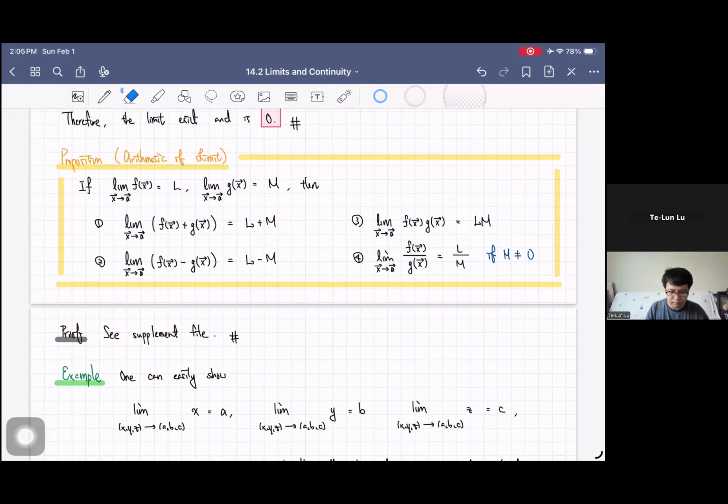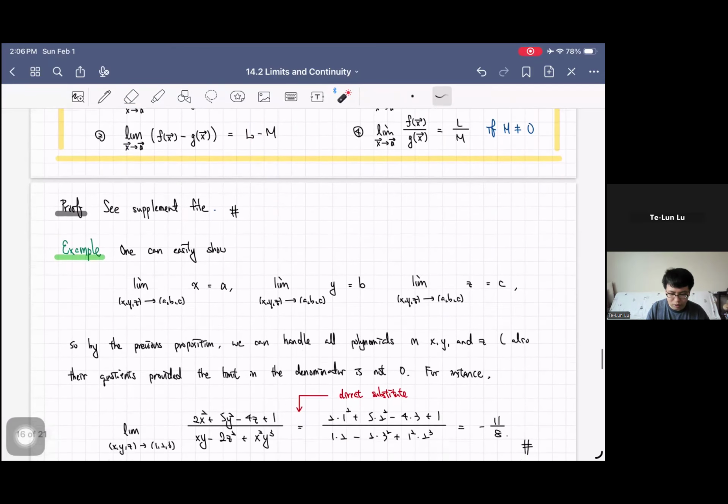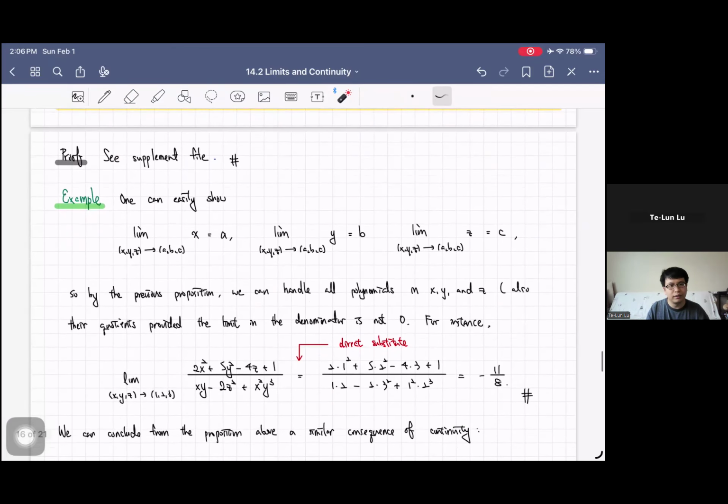Next, we have the same arithmetic for limits as in the single variable case. It also respects addition, subtraction, multiplication, and division whenever the denominator is non-zero. So based on this arithmetic, you can have a class of continuous functions.